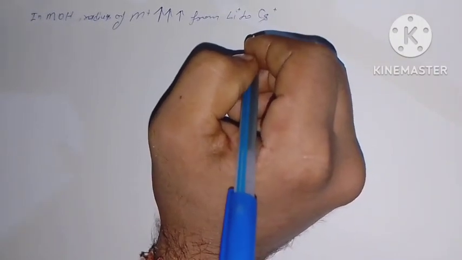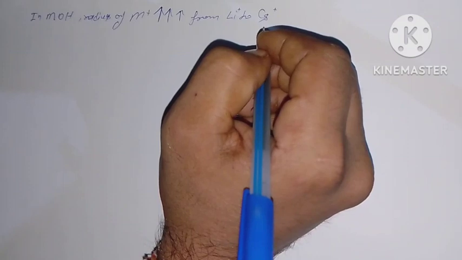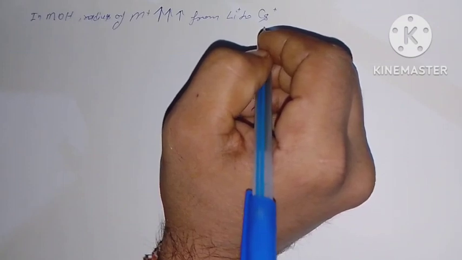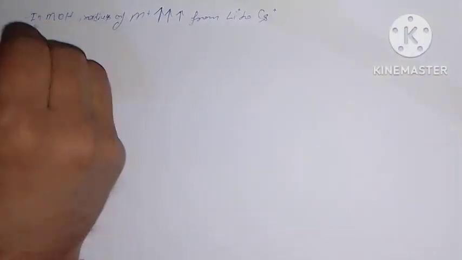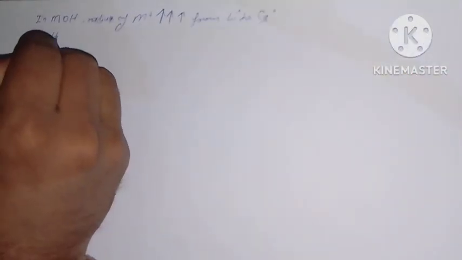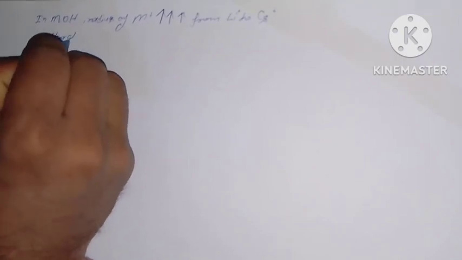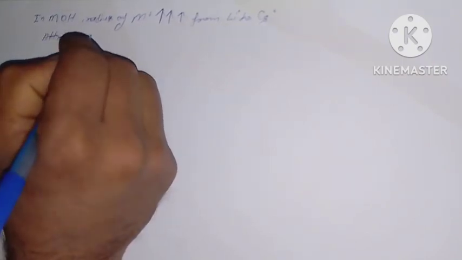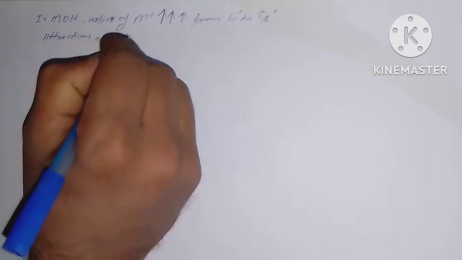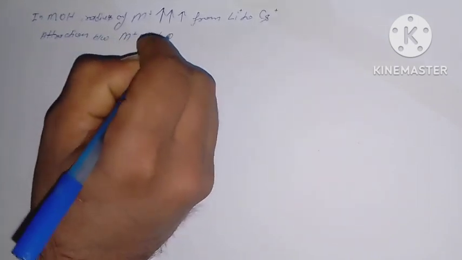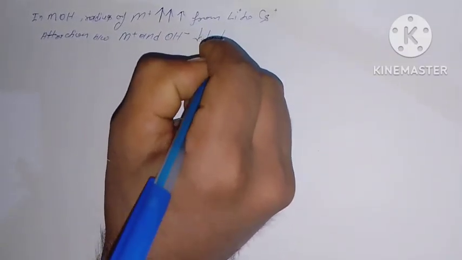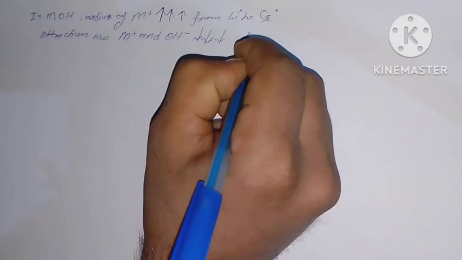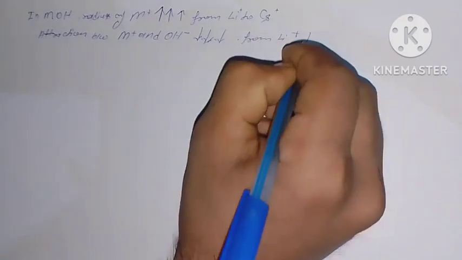Hence the attraction between M positive ions and hydroxide ions decreases from lithium ions to cesium ions.